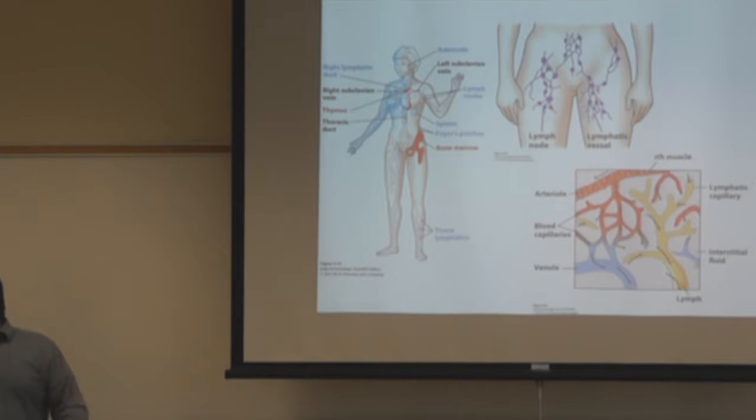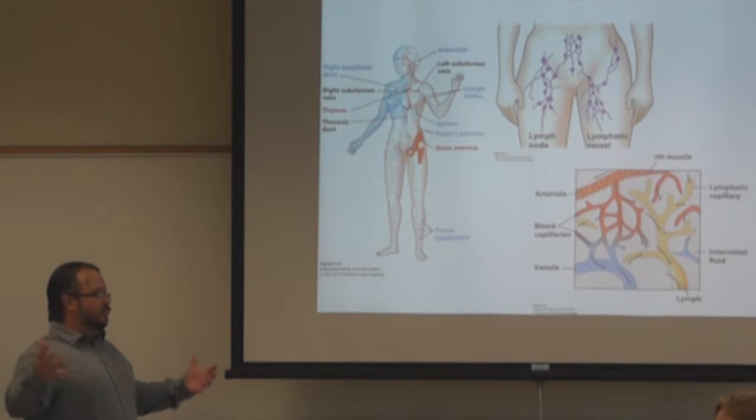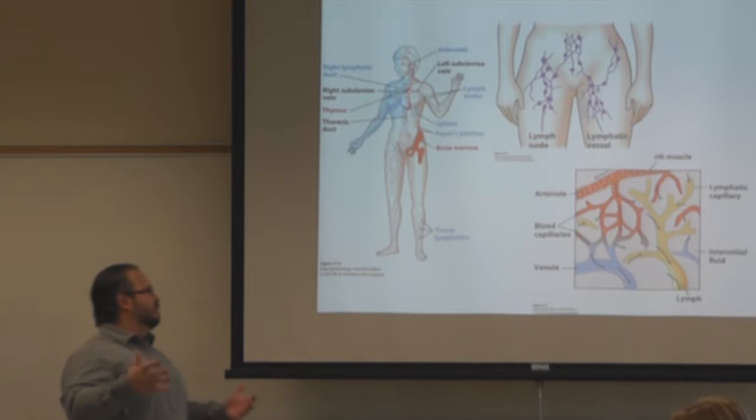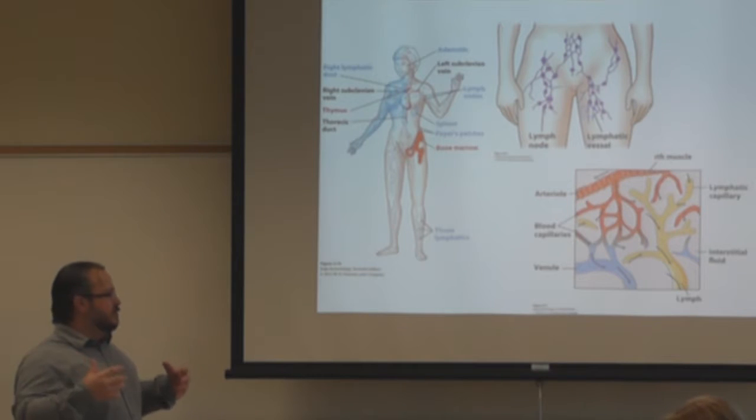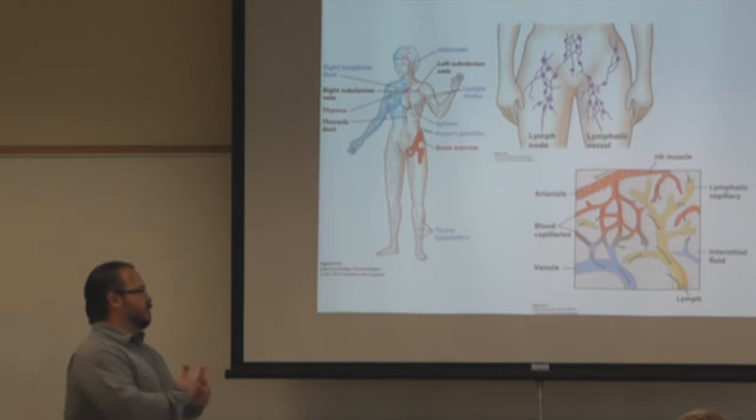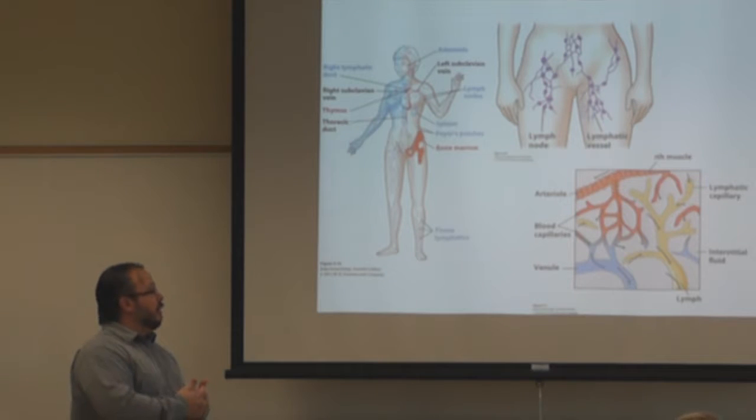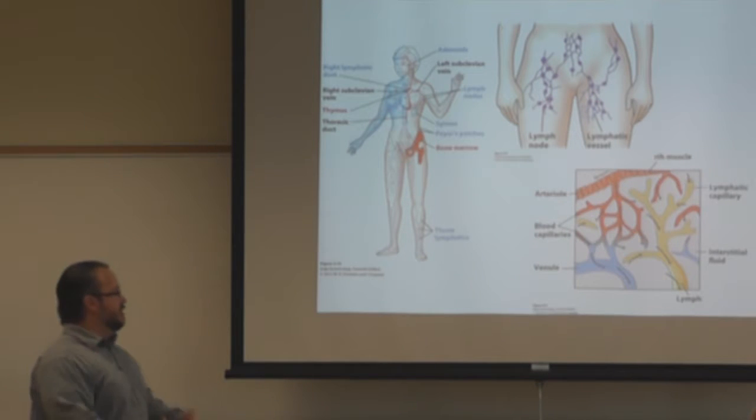And as you can see, we have our lymphatic system. If you take A&P or A&P 2, you know that our circulatory system basically provides nutrients to every cell in the body. Those lymphatics are pretty much entwined with the capillaries of the blood, so the lymphatic system follows along that same line.